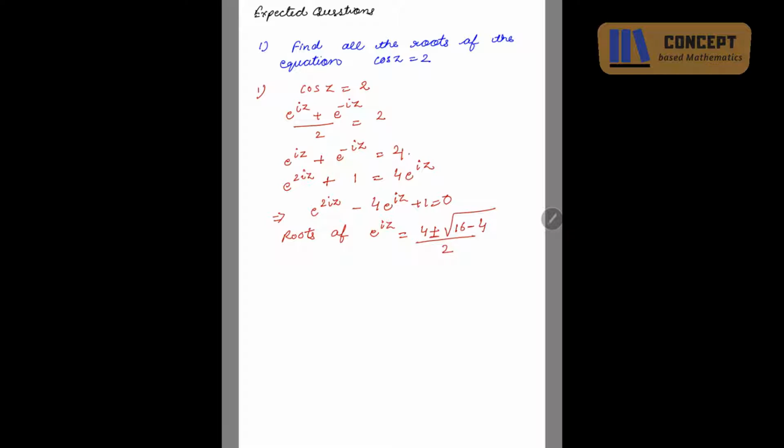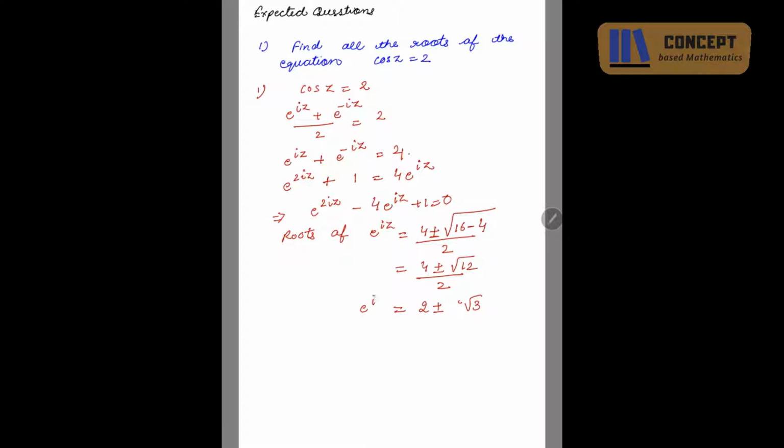Here it is plus minus, which is equal to 4 plus minus under root of 12 over 2, which is equal to 2 plus minus root 3. Now e raised to the power iota z is 2 plus minus root 3.